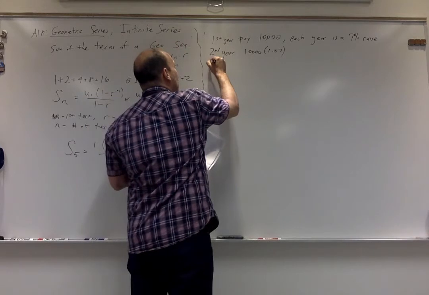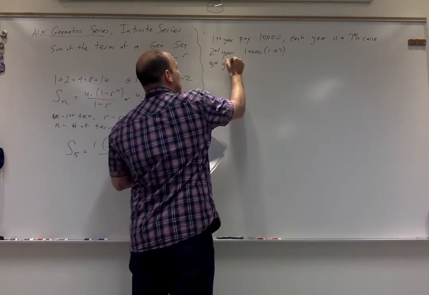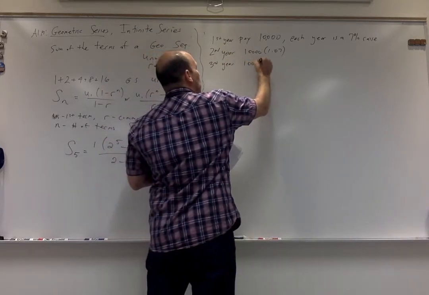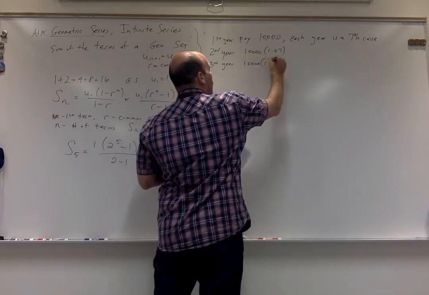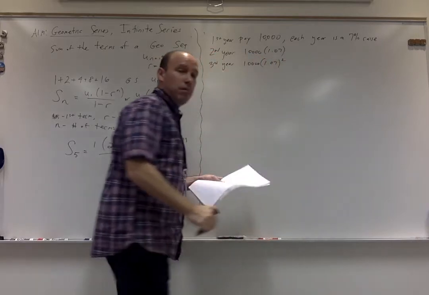And then in the third year, you get 10,000 times 1.07 squared, right? That's it.